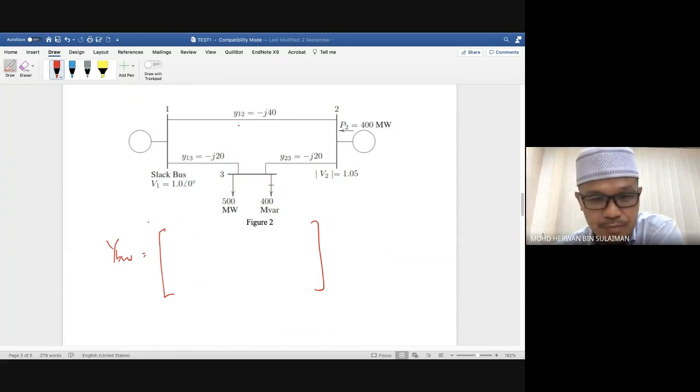So we do the off diagonal first. Y12, J40, make it negative. And then Y13, J20. Y23, J20.